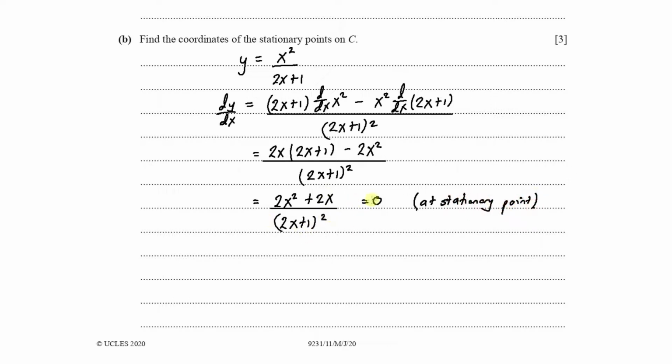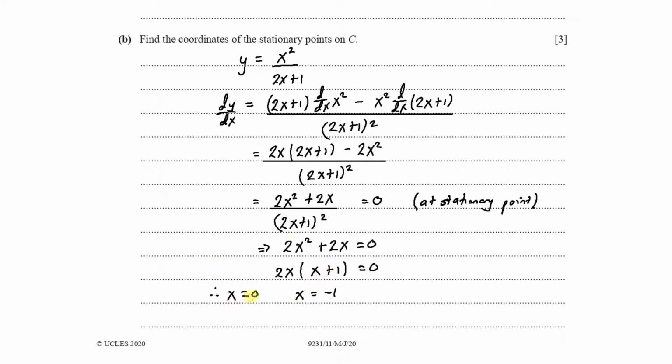Multiplying both sides by the denominator, I'm left with 2x squared plus 2x being equal to 0. I factor out 2x, so I get x plus 1 inside the bracket, which means I can equate 2x to 0 to get x as 0, and x plus 1 to 0 to get x as minus 1.